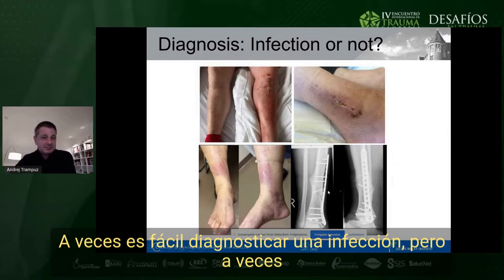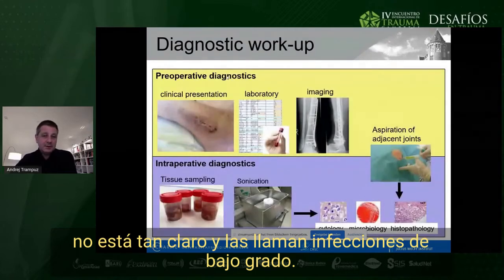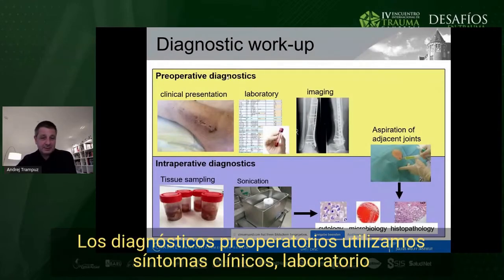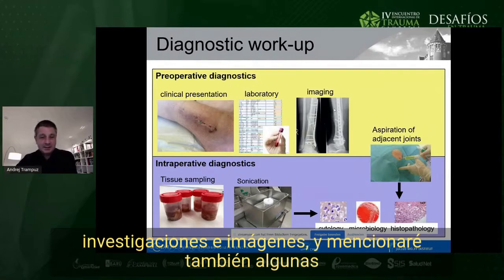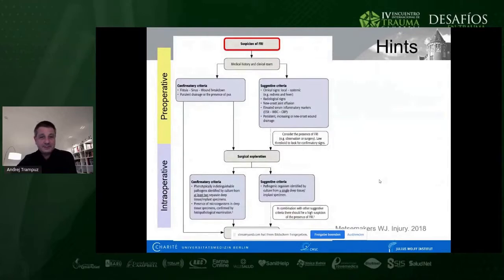Sometimes it's easy to diagnose an infection, but sometimes it's not so clear, and we call them low-grade infections. For the preoperative diagnostics, we use clinical symptoms, laboratory investigations, and imaging. And I will mention also some specifics of intraoperative diagnostics for infections.